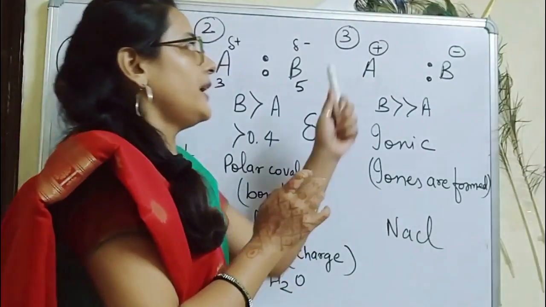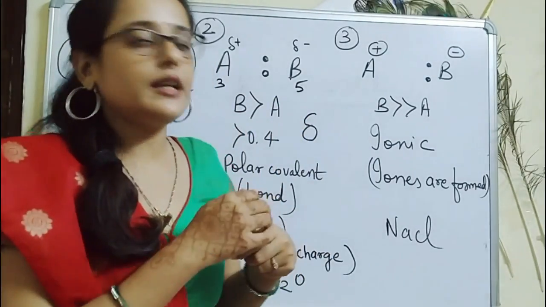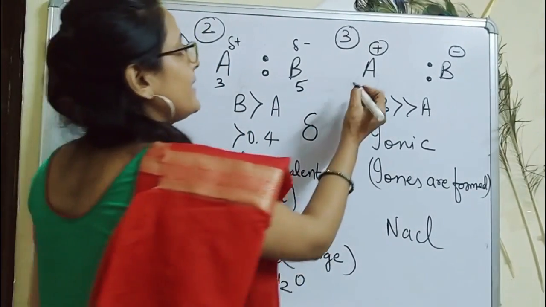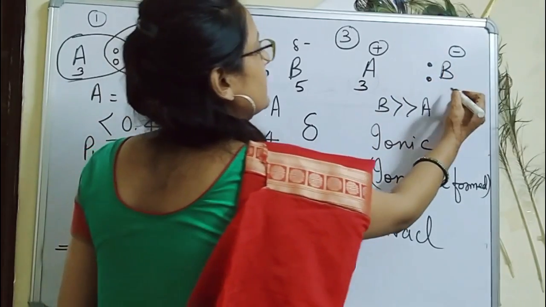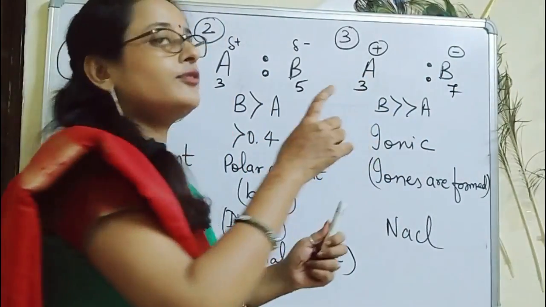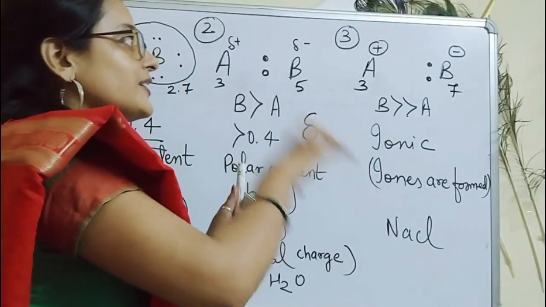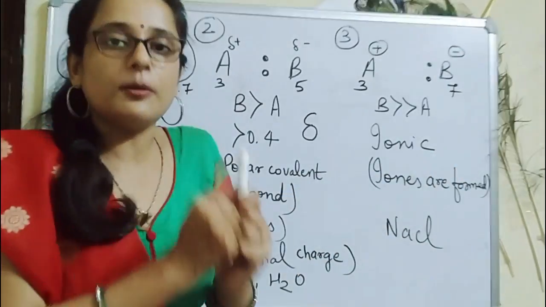In third case, A and B, they have a large difference in electronegativity. Let's suppose A is having the value 3 and B is having the value 7. In that case, B will have more control over that pair of electrons and it will attract that electron pair towards itself completely.